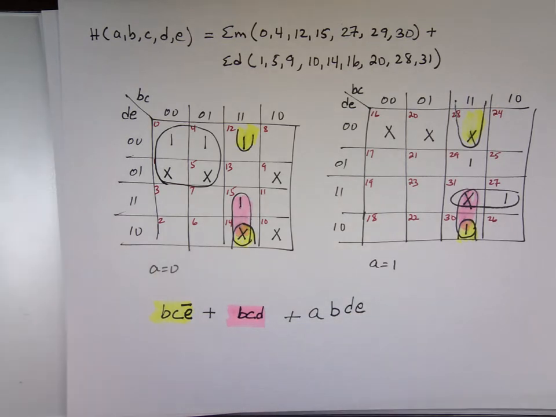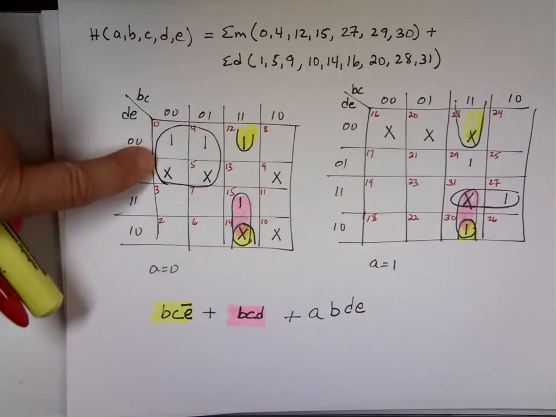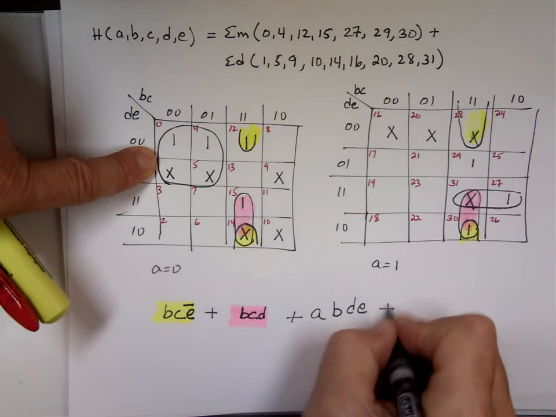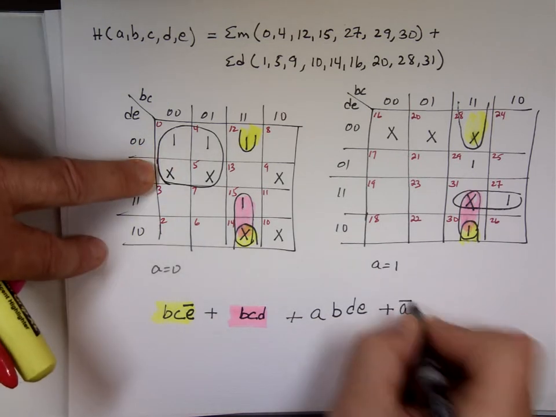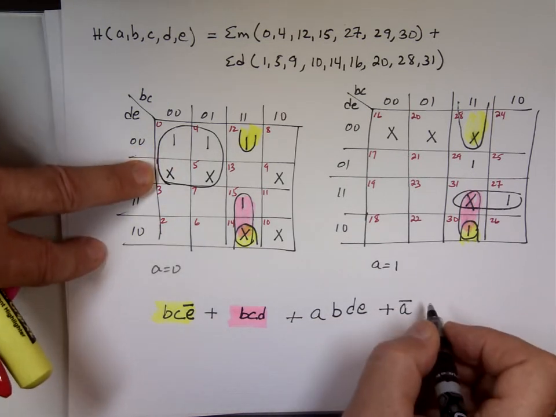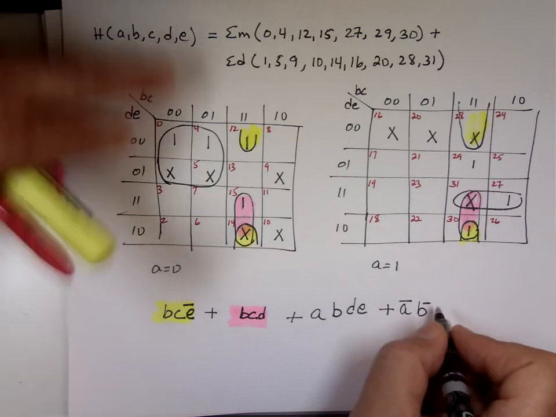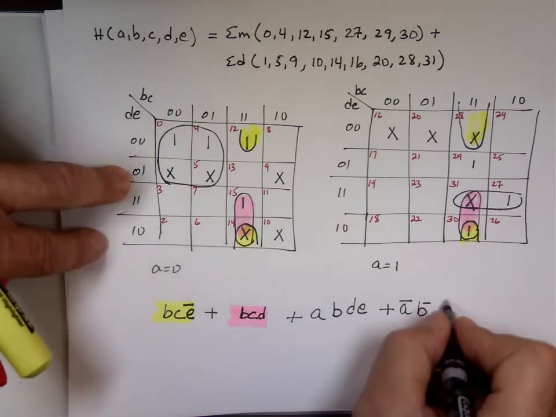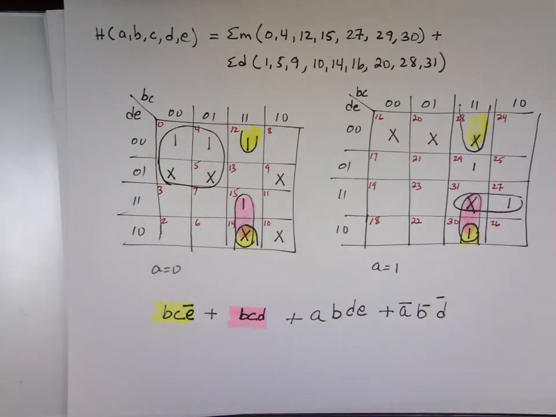And this circle, this 4 here, A bar, B bar. B is 0, that's B bar, C is changing, that's gone, D is 0, that's D bar, E is changing. And for the last one, couldn't you just do the vertical? Yep, that's the last one.